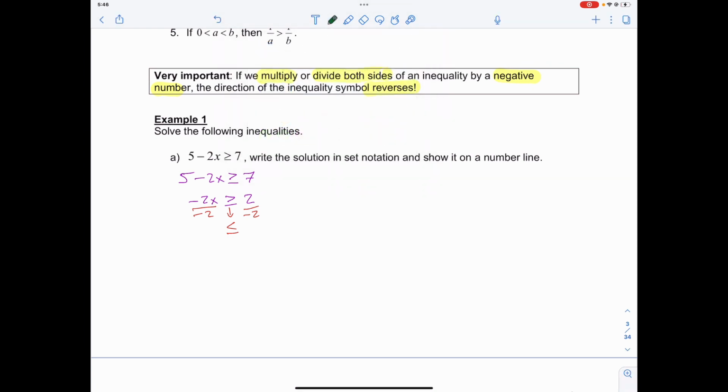In this case, x is going to be less than or equal to negative 1. Then I can put that on my number line, where I have the point of negative 1. Because it's equal to, it's going to be a solid dot, where it's going to be closed. And then because it's less than, it's going to go to the left.